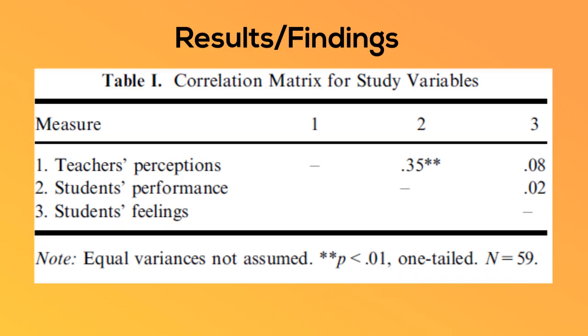As can be seen in our correlation matrix, this information can be seen in row 1, column 2, with a positive 0.35 correlation. The asterisks also indicate that our result is statistically significant. As we can see with our other two results, 0.08 and 0.02, both hypothesis 2 and 3 are both supported because there is not a significant relationship between either of these constructs.